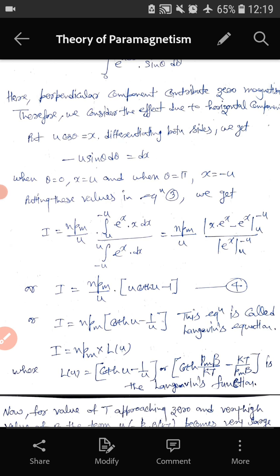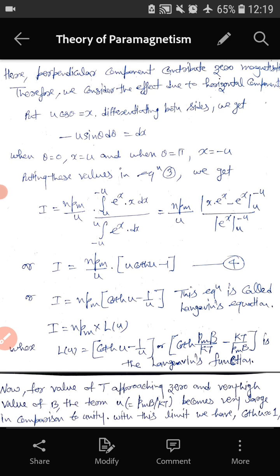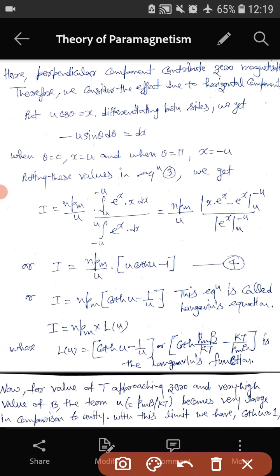By solving the integral, our final result will be I equal to n Pm times coth u minus 1 by u, and this equation is known as the Langevin equation, where u is Pm B divided by kT.